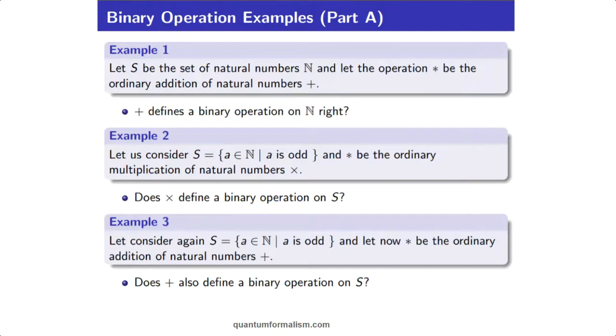Now, the second example. Now consider S to be the set of all odd natural numbers, and let the star operation be the ordinary multiplication of natural numbers. So the question is whether the multiplication on the set of odd numbers is a binary operation.